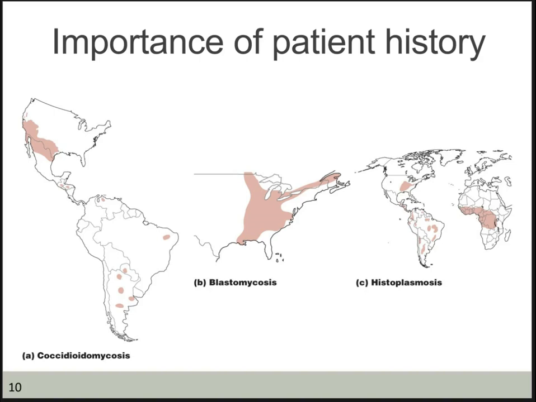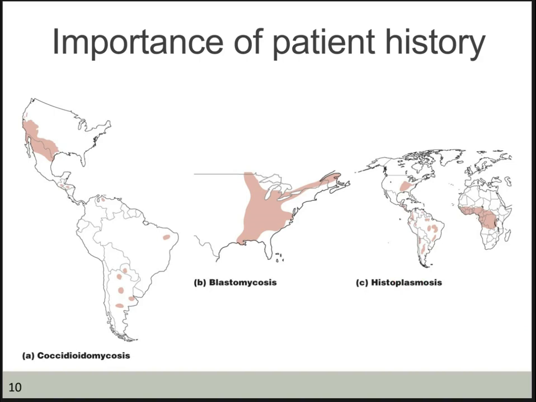So for example, if you have a patient that has a characteristic prolonged cough that doesn't seem to be bacterial or viral in origin, and you suspect that it's fungal, and you know that they've been traveling along the Mississippi River, then you would assume that they may have blastomycosis.